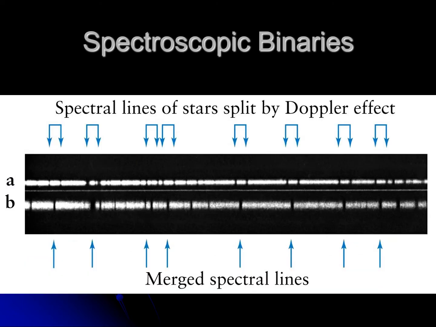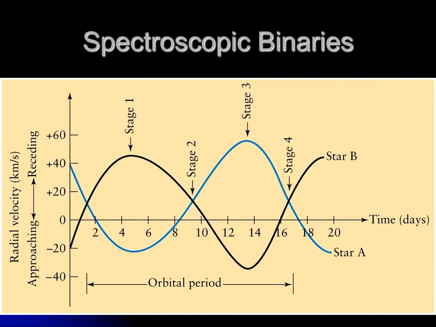When that happens, you can figure out how fast these stars are going around each other. If you know how fast they're going and how long it takes to go through a complete cycle, you can figure out how far they go, and from that, you can work backwards to figure out masses.